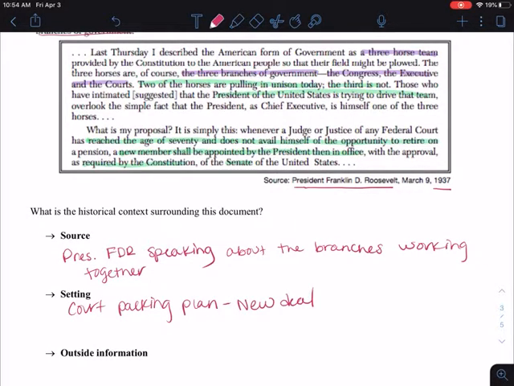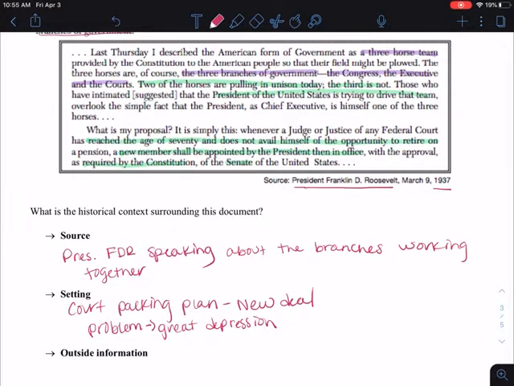So this is FDR saying, we know who isn't working with us. We're going to make them work with us in order to solve the problem of the Great Depression. So that's our setting. The court packing plan, a part of the New Deal to solve the problem of the Great Depression.